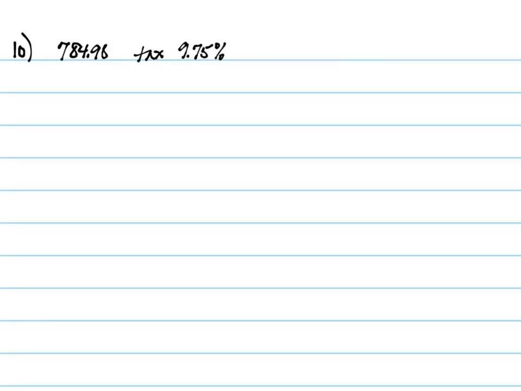All right, so what we need to figure out is how much tax there is on this particular product. So I can set up a proportion, same as the last problems, out of 100. And then my percentage is the 9.75, which would go on top of the 100. So where is the 784.98 going to go? It actually goes on the bottom.